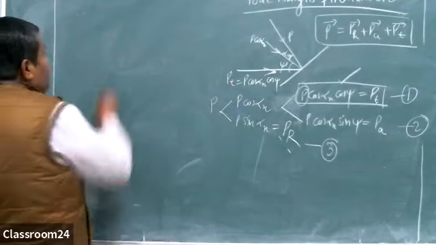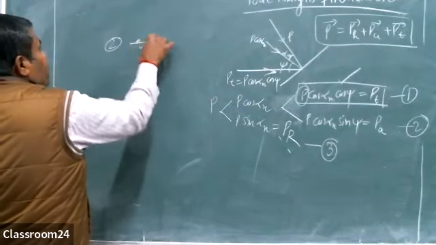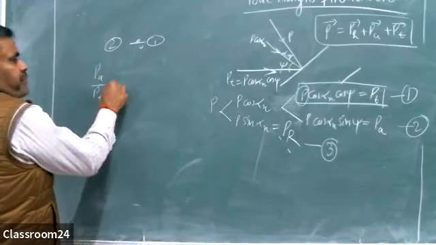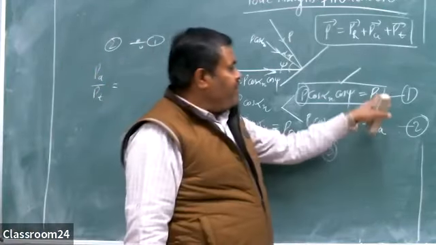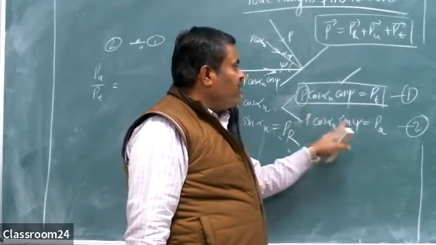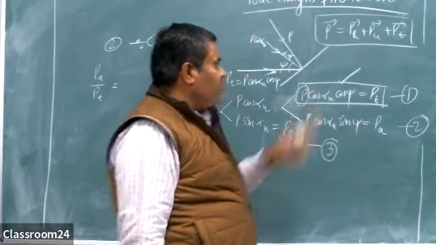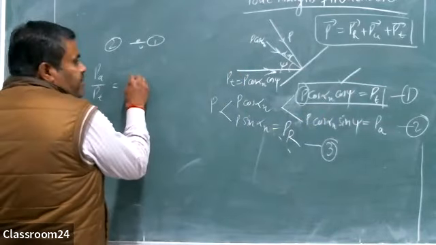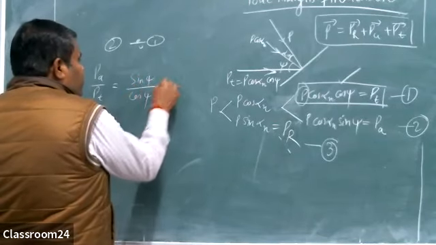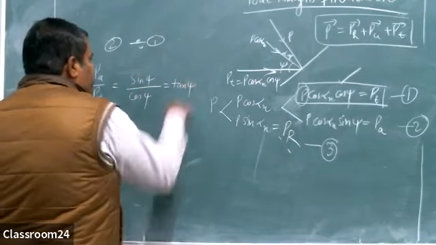If I divide equation 2 by equation 1, I have PA divided by PT, which is P cos alpha n sin psi over P cos alpha n cos psi. The P cos alpha n cancels out, and only the relationship between sin psi and cos psi remains. So it is sin psi divided by cos psi, or tan psi.